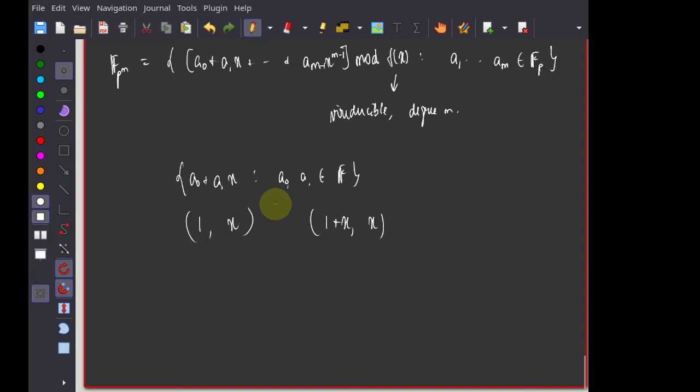So once I fix a basis, I can represent every element of this vector space as a tuple, which is the coefficients of the basis vectors, alpha 0, alpha 1. So as long as I fix a particular basis, every element alpha in FP to the m can be written as a vector.